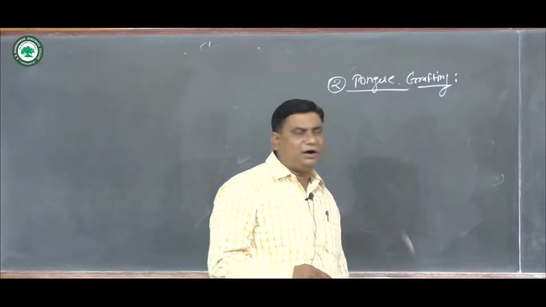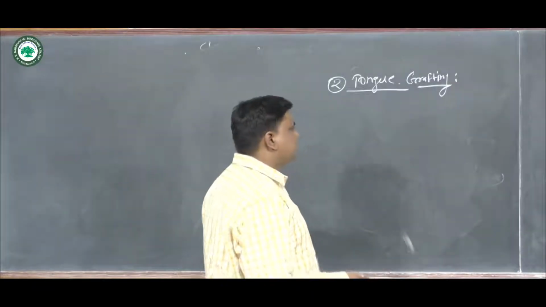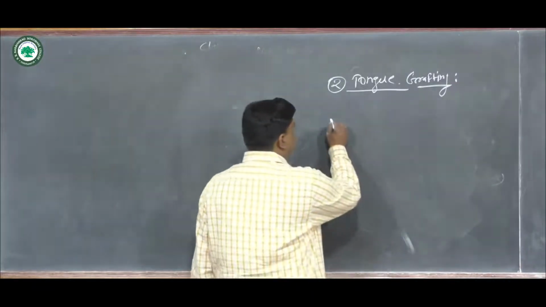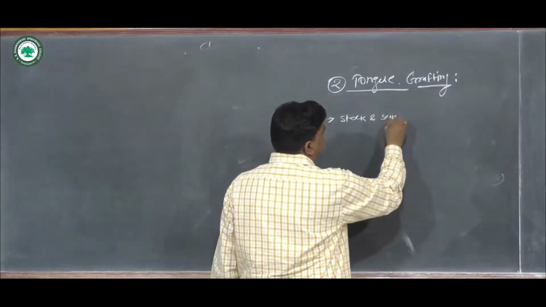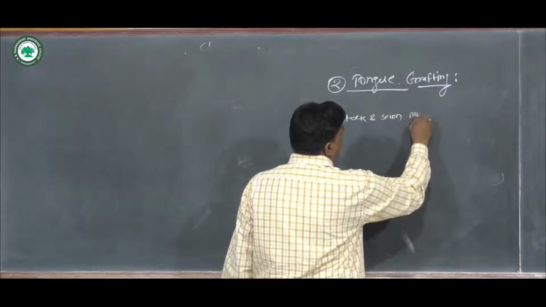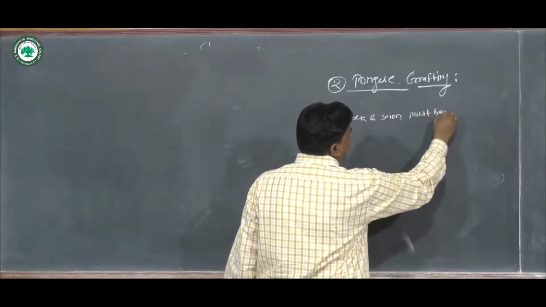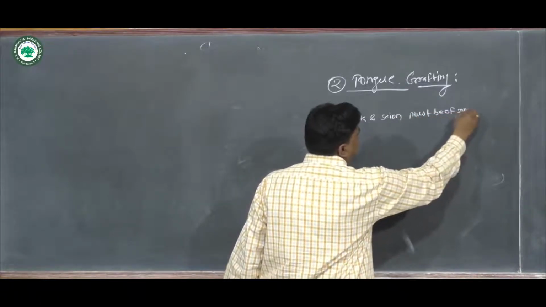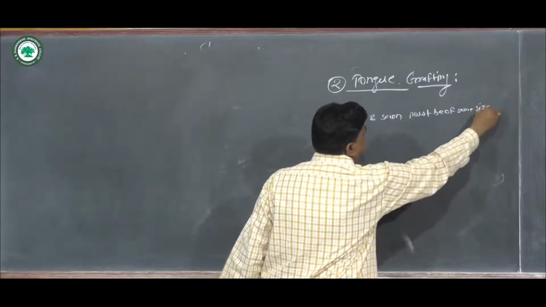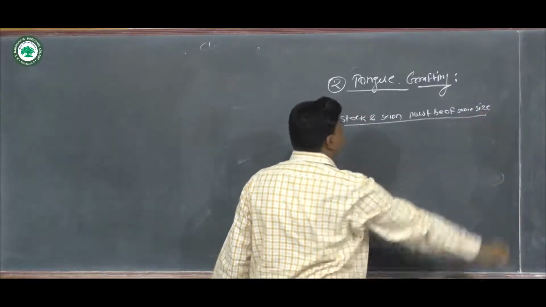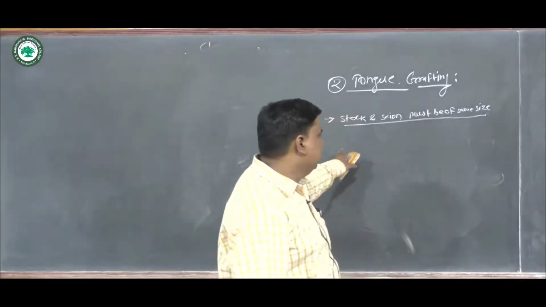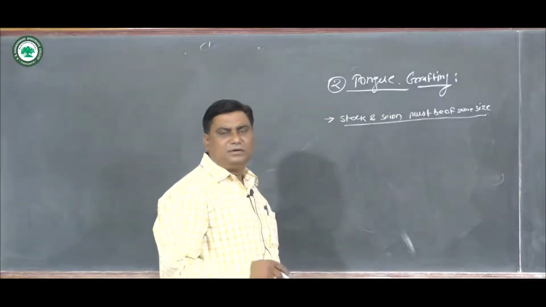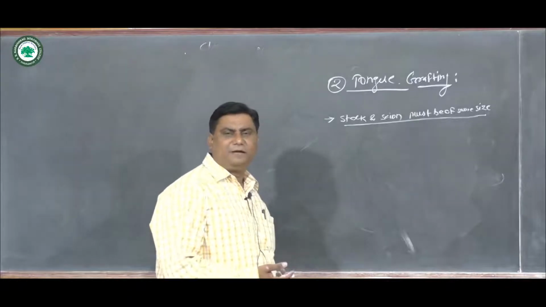Here the stalk and scion must be of the same size. This is the thing that is essential in the case of tongue grafting. Okay, then what is the procedure?